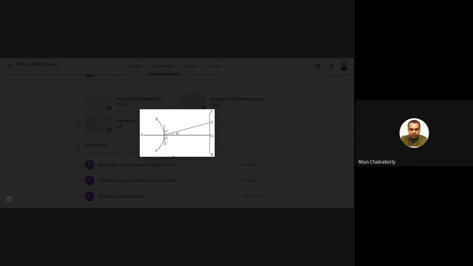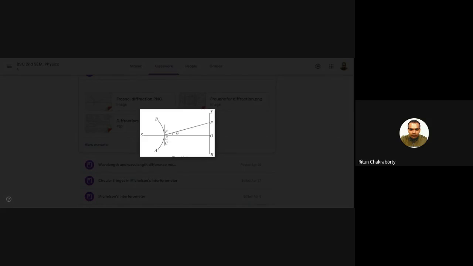Now I am reading out the line. The obliquity factor is proportional to a quantity 1 plus cos theta. If theta is 0, the obliquity factor will be proportional to 1.